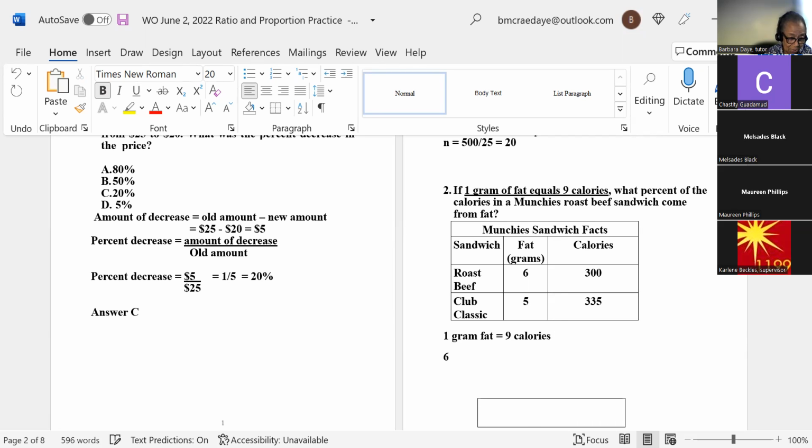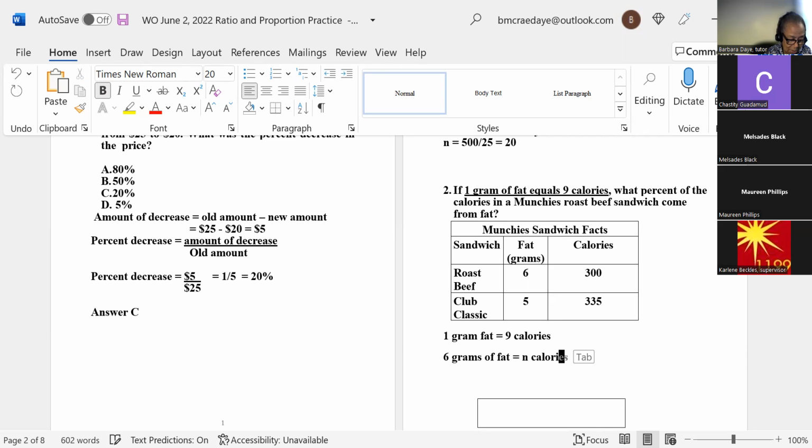You could set it up as a ratio, but you can just ask yourself 6 grams of fat equal, and I'll say in calories.